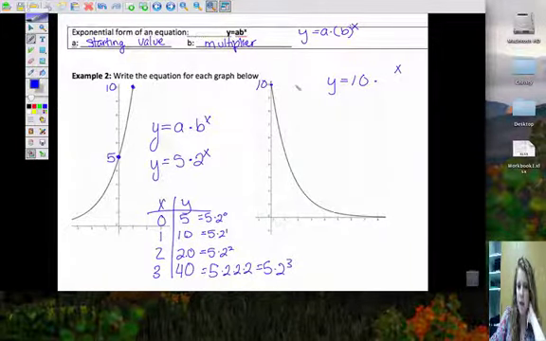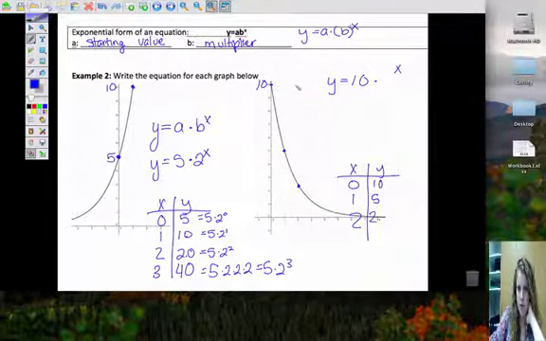Okay, now let's make a table here as well. So we have 10, and then the next nice point is (1, 5), and then the next nice point looks like (2, 2.5). So we have x, y, and 0, 1, 2 gives us 10, 5, and 2.5.